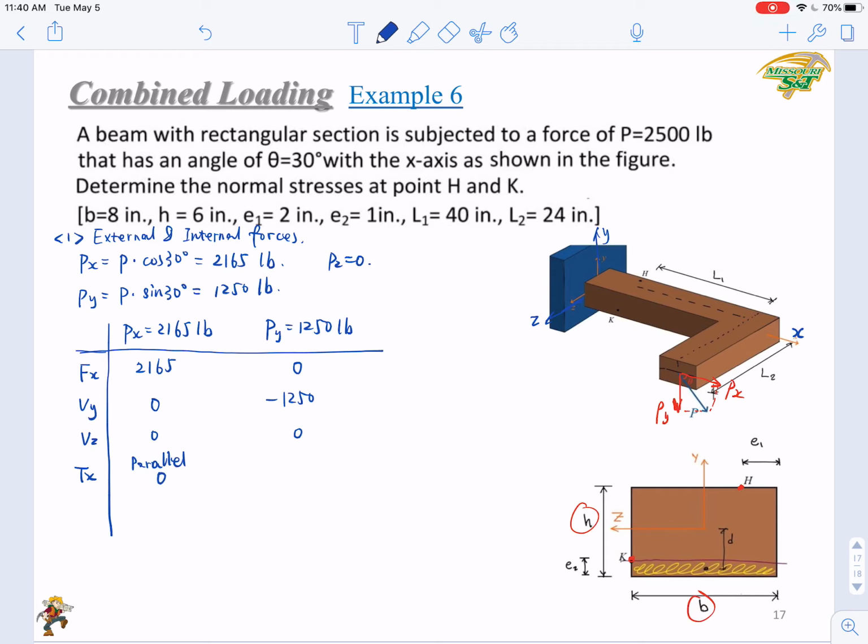So Py times L2. Okay, so this is what? 1,250 times 24.